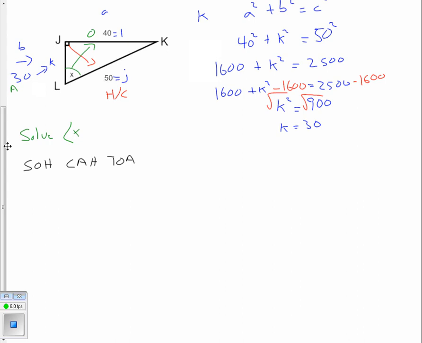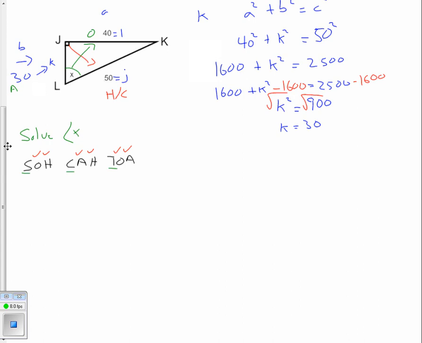In this case, I'm trying to figure out the angle. What pieces of information do I have? Well, I know the opposite, the hypotenuse, and the adjacent. So it honestly doesn't matter which of the three trig ratios you choose.